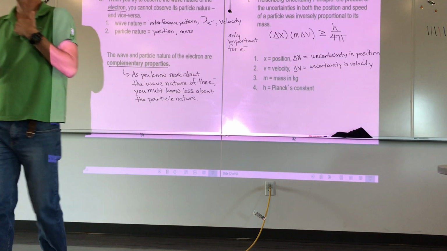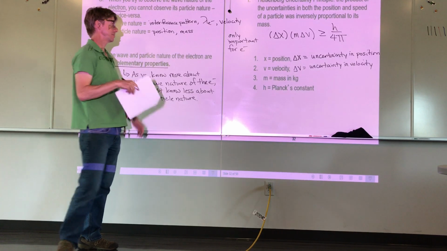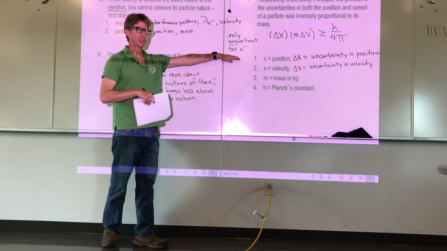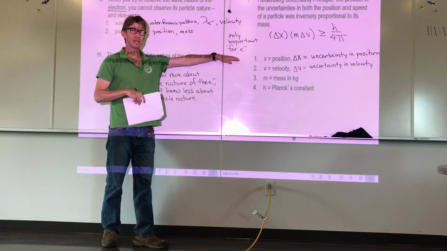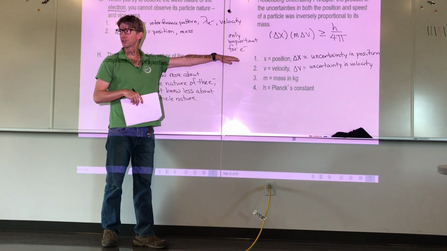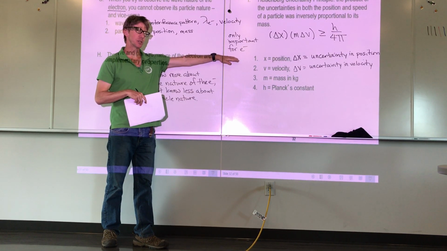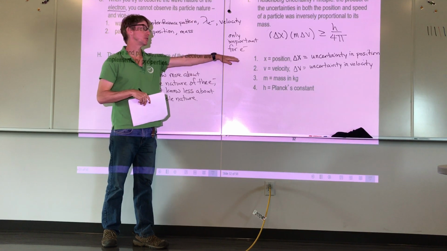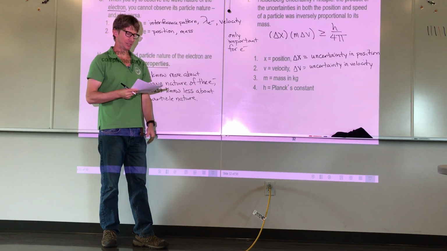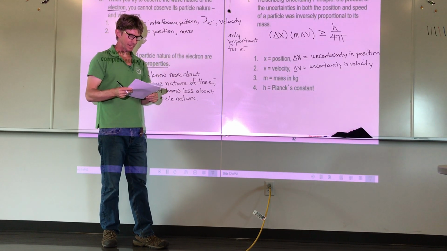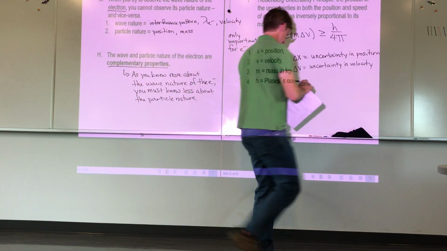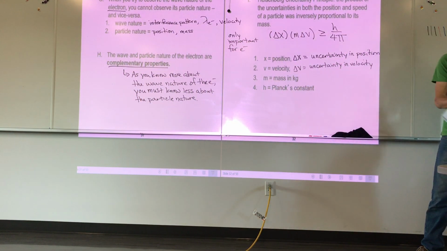But since we're using the Chem 400 basis, it's only important for electrons for us. However, this is also true of all matter. It's just unobservable for anything other than electrons. Any questions about this?